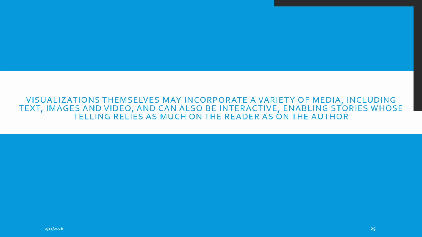Then we know already that the visualizations themselves may incorporate media that has text, images, video, and can also be interactive. And they can enable stories where the telling relies on both the reader and the author, because we can mix them in a way that we have predefined elements, but we allow the user to explore and interact a little bit.